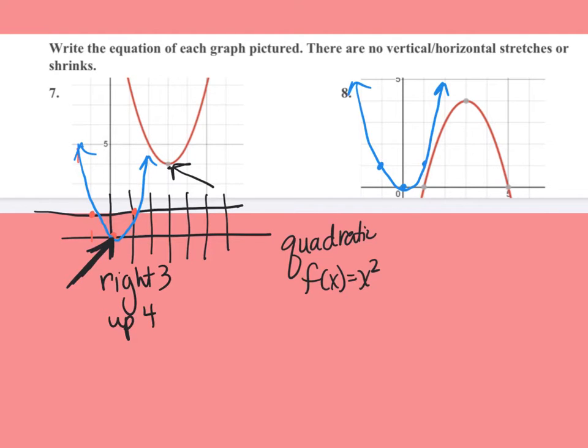Right 3 is a minus 3 inside. Plus 4 is a plus 4 outside.